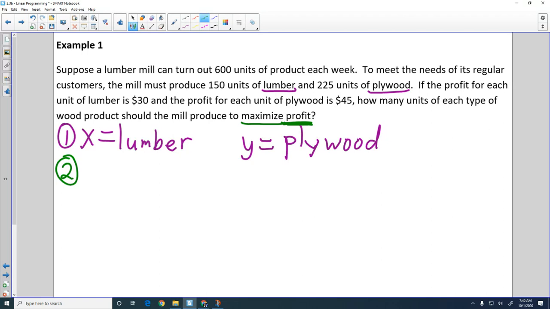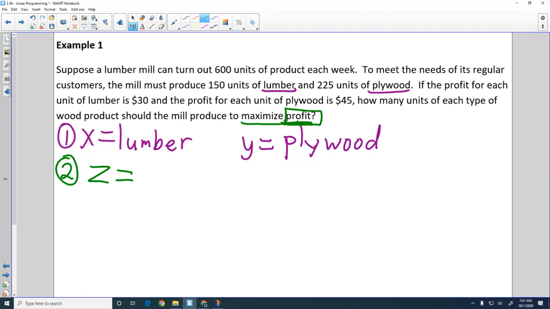So to write the z function, we write z equals, and now I'm going to have 2 different terms, one with an x, one with a y, right? One for each of my variables, but they're going to have some number in front of them, and that number is going to be whatever has to deal with what I'm trying to maximize or minimize, which is profit in this case. So looking at that word problem, what's the profit that we get from lumber? $30.